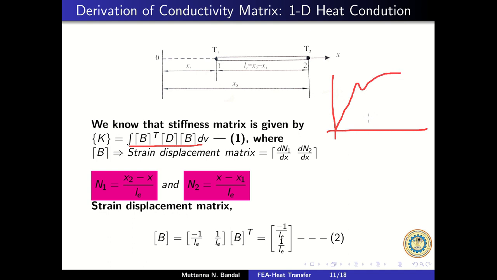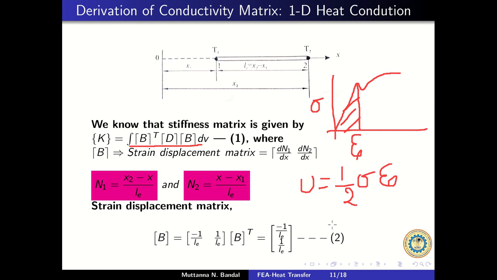If I take this as a stress strain curve, and since we are interested only in the elastic term, we are working only within the elastic limit, then this is the area of a triangle. This was sigma stress, this was strain. If I take the energy stored in the system, U can be given as 1 by 2 into sigma into epsilon, the area of a triangle.